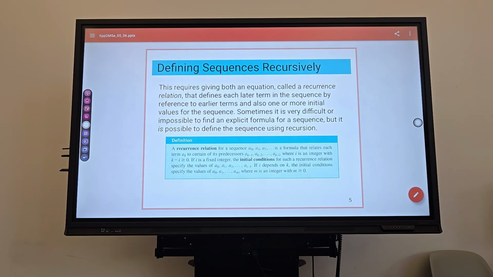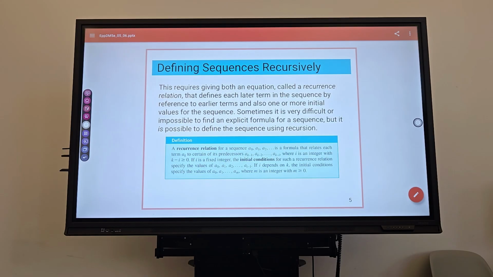A recurrence relation for sequence A is a formula that relates each term a sub k to certain of its predecessors, a sub k minus 1, a sub k minus 2, etc., to a sub k minus i, where i is an integer, with k minus i being greater than or equal to 0.